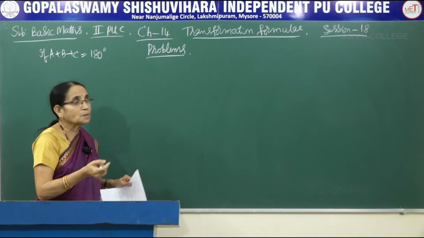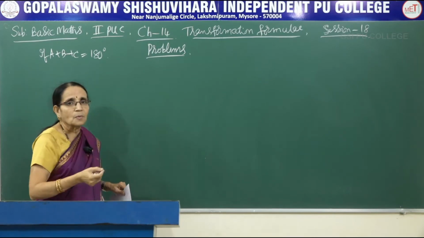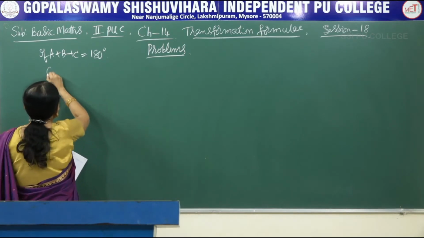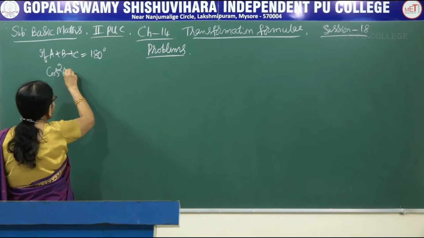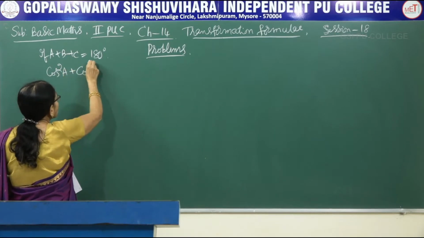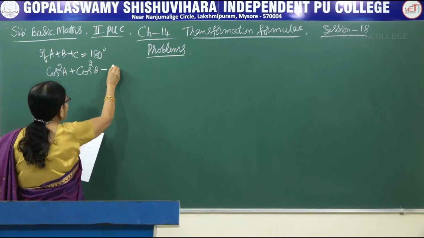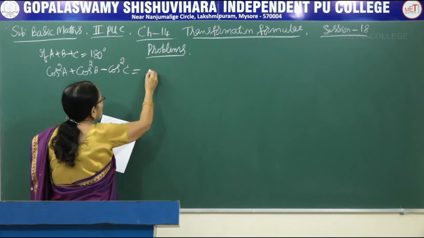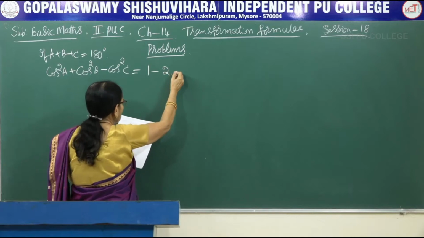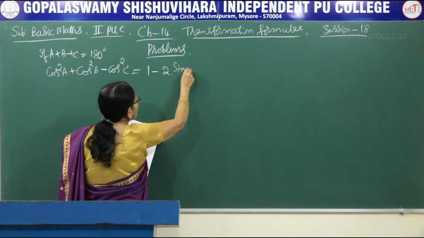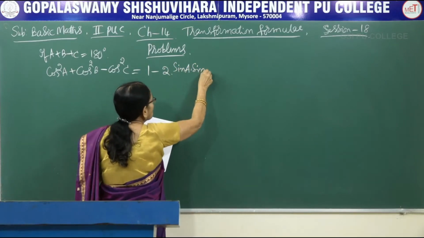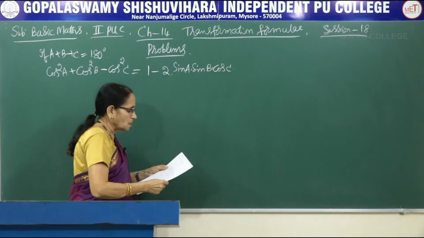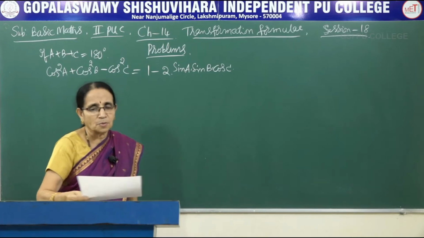In a triangle means this sentence you have to write. When it is given directly, there is no need to write. You have to prove this one. Prove that cos square A plus cos square B minus cos square C should be equal to 1 minus 2 times sin A into sin B into cos of C.